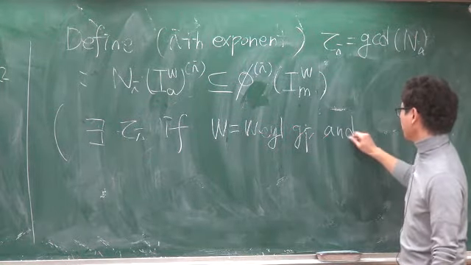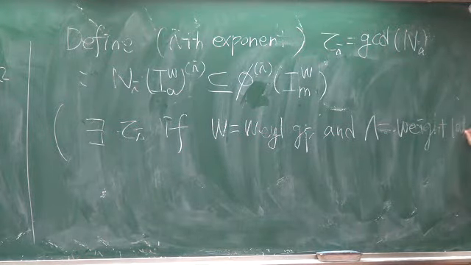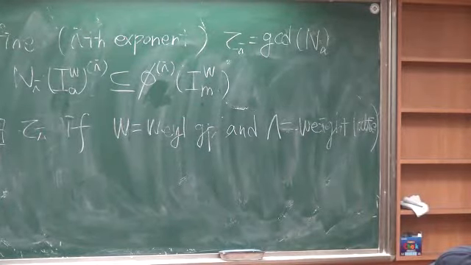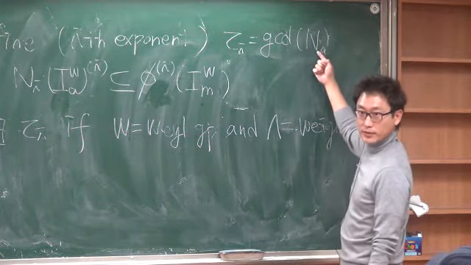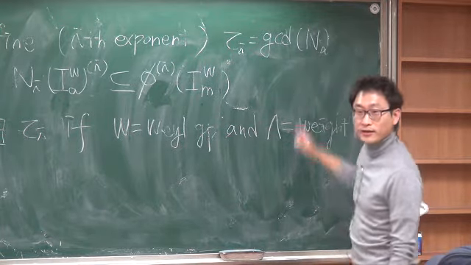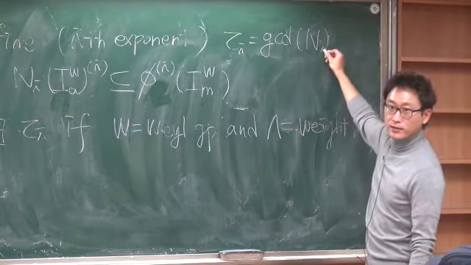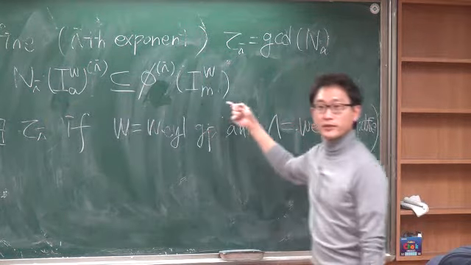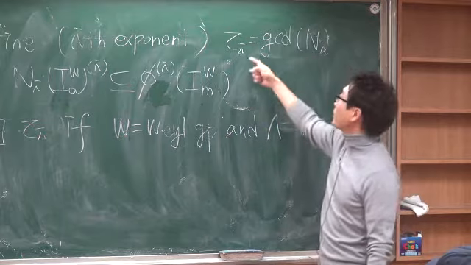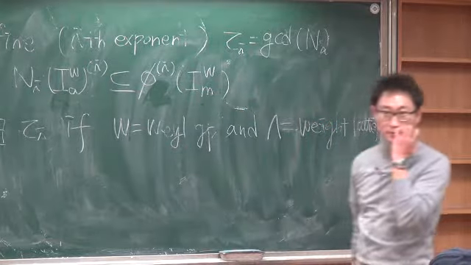The GCD of these integers ni: there are many ni's, and the GCD of all such ni's satisfying this relation gives tau i. So tau i is the smallest ni satisfying this relation because it's the GCD.